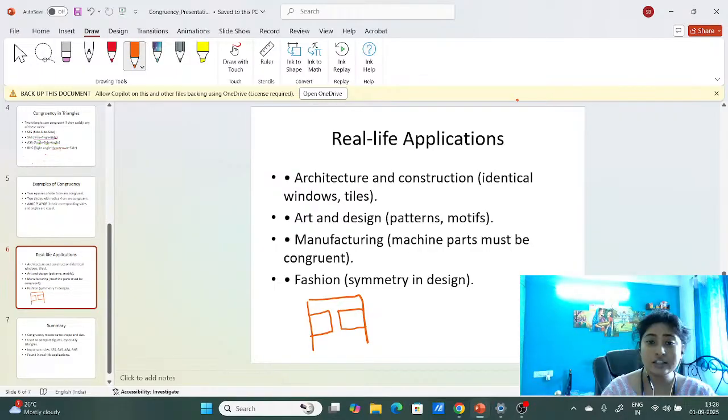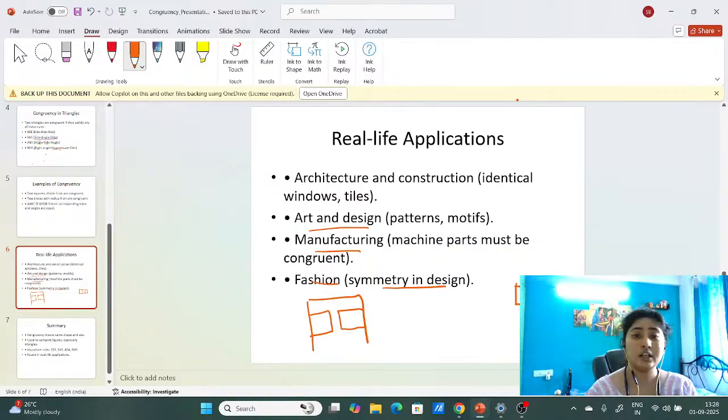For tiles also, we have identical tiles in our home. We have seen that, right? So art and design, manufacturing, fashion. So we can find symmetry in design. So that is the real life application of congruency.